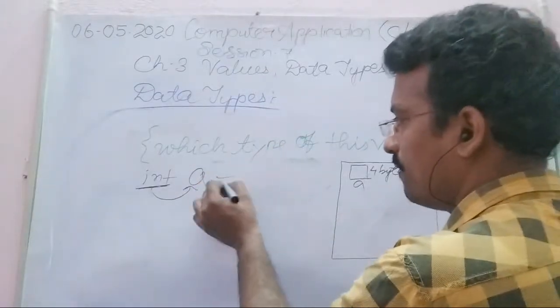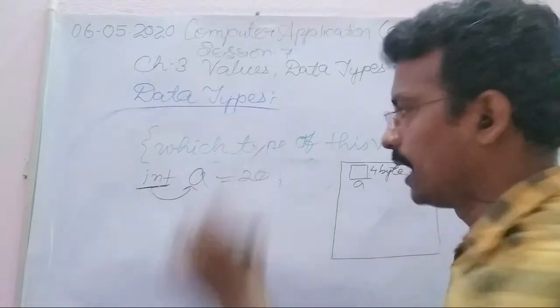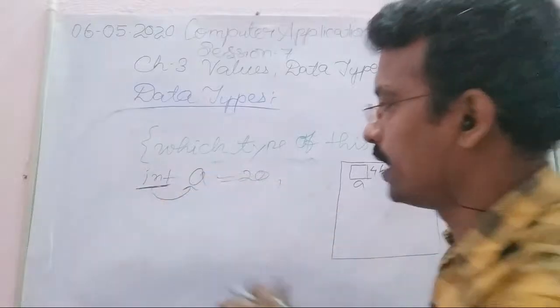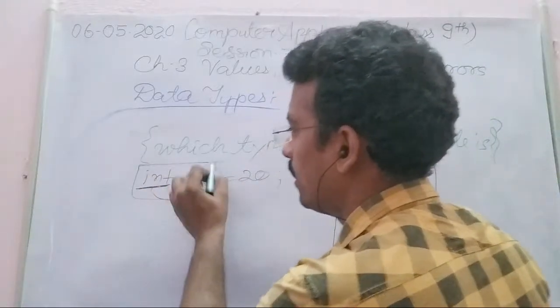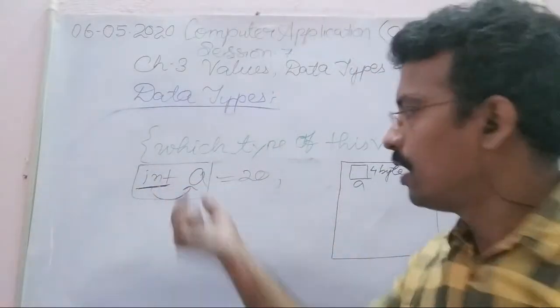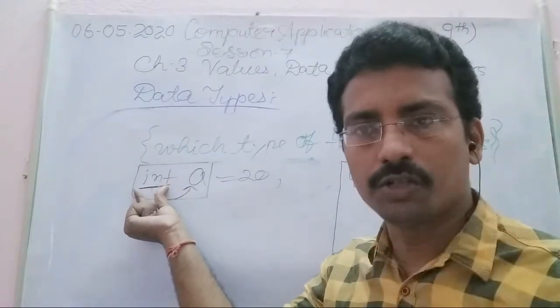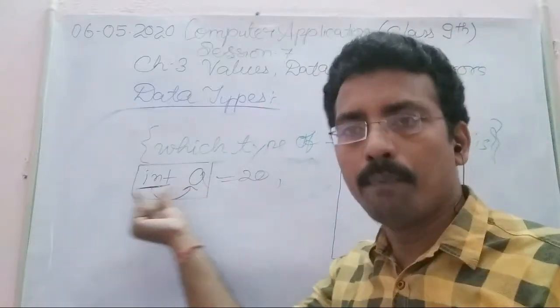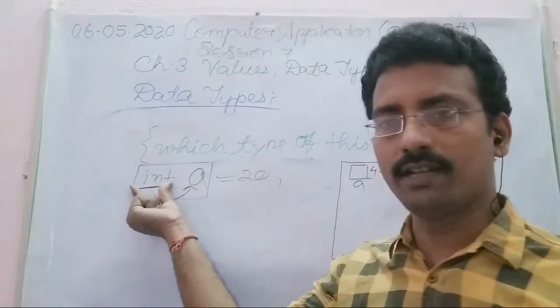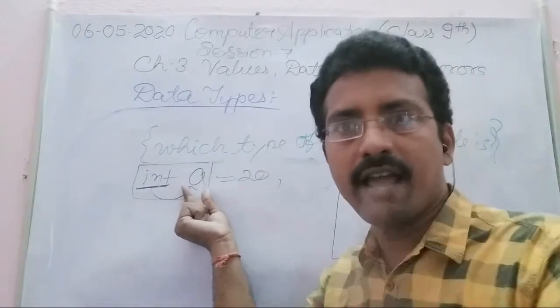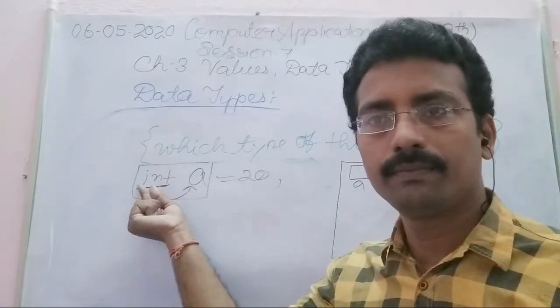So no problem, A will also contain a non-fractional value. When this line is written, you pass this prior definition of integer to variable A. Now A will behave like integer.